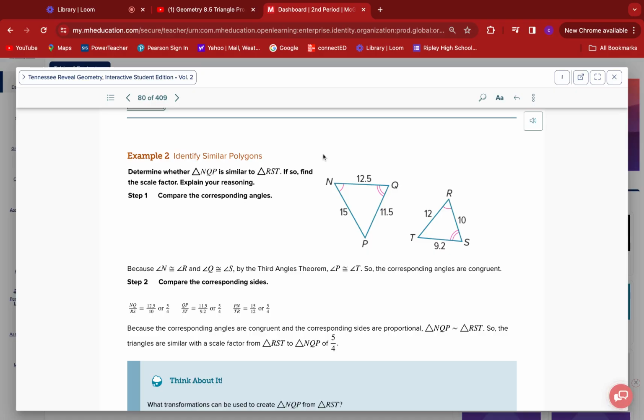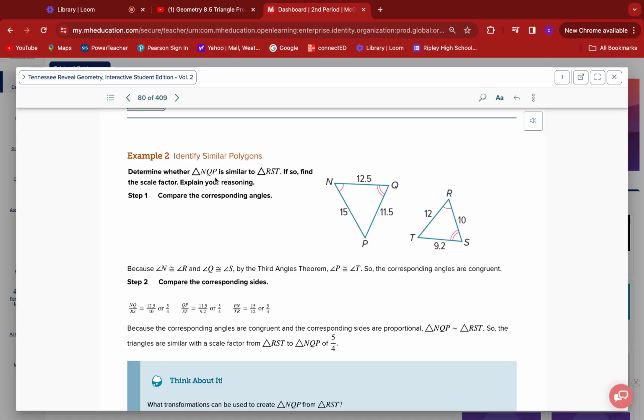For these 2 triangles to be similar, they have to have congruent angles. So I see angle N and angle R both have a little 1 arc. That means they are congruent to each other, and that's true because your first letter and your first letter will be equal. And I see Q and S both have 2 red slashed arcs, and Q is my second letter, S is my second letter.